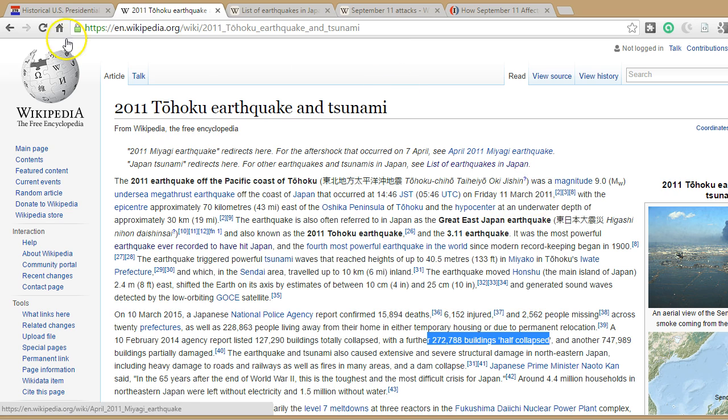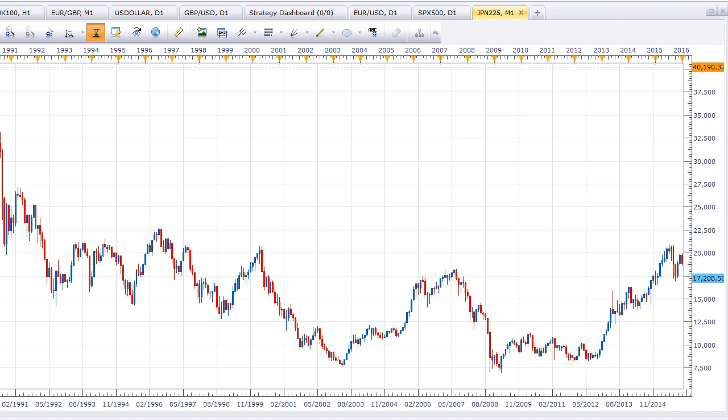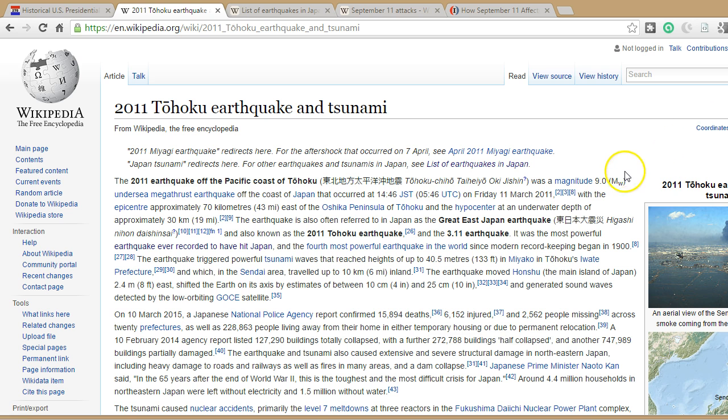Okay. So the first choice here would be the Nikkei 225. So this is the Japanese equivalent of the S&P 500. So we have the earthquake here, and the 11th of March 2011 was a Friday.